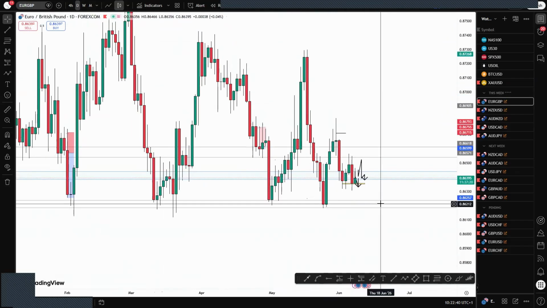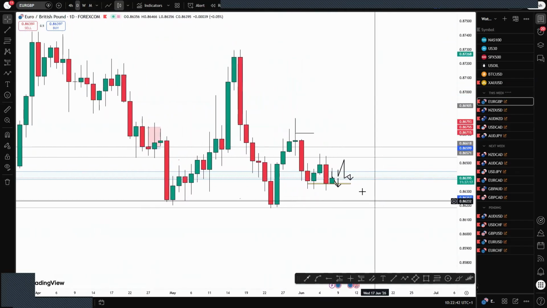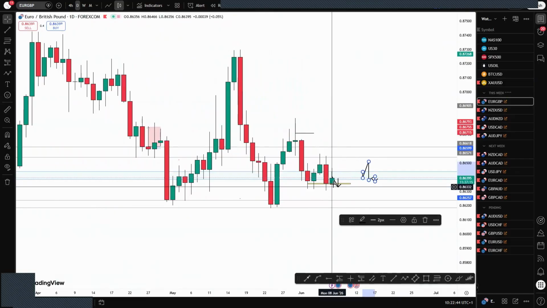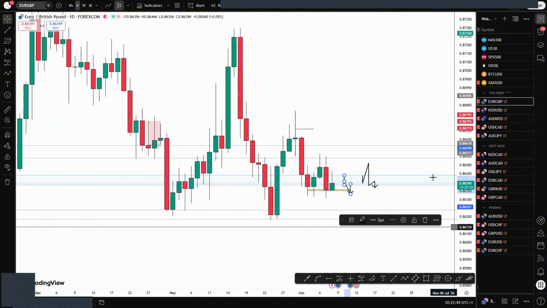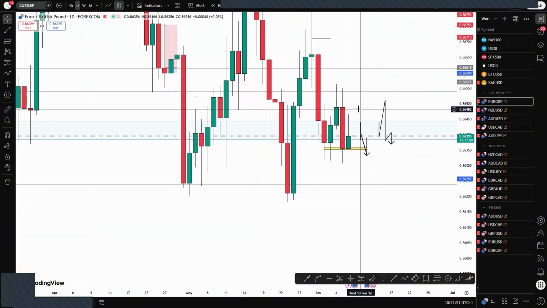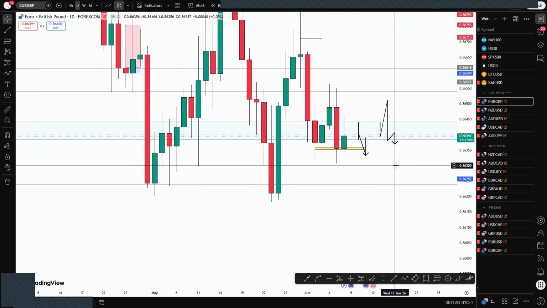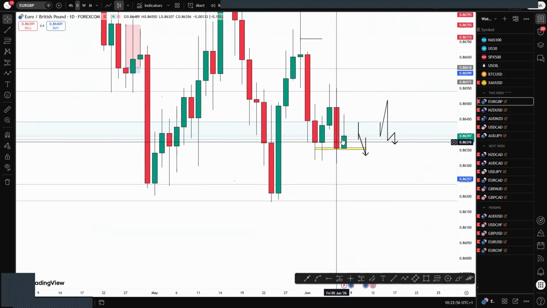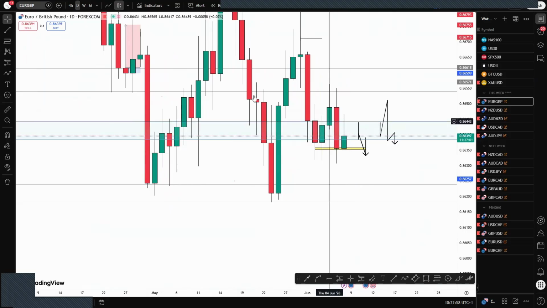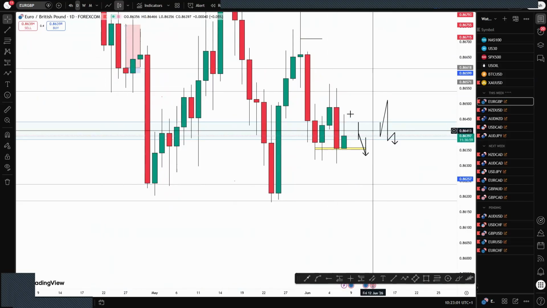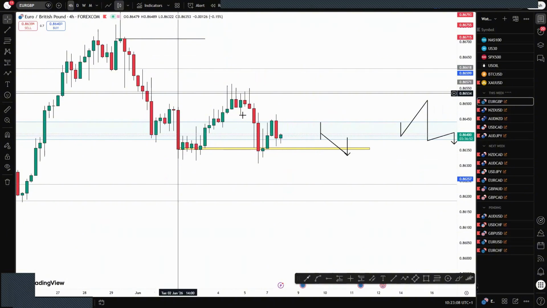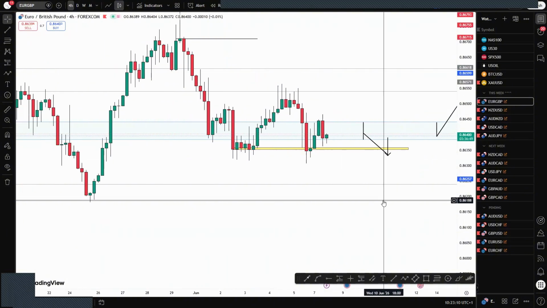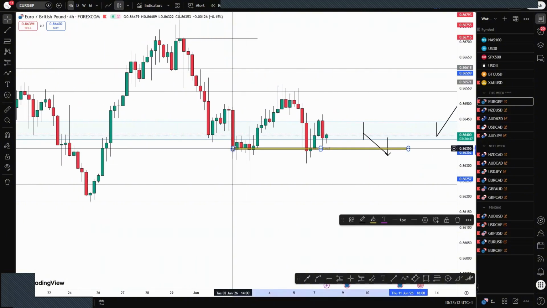As you can see, this is the daily time frame. Then we're having that rejection I was telling you about. So in this case, don't really mind the 4 hour time frame. Okay?